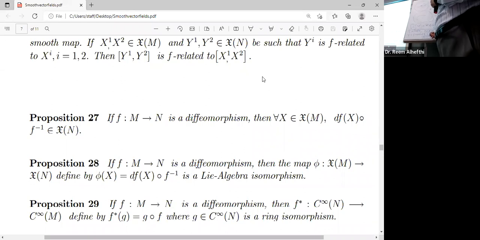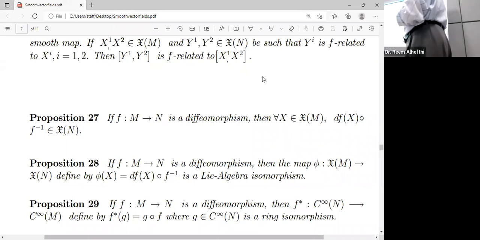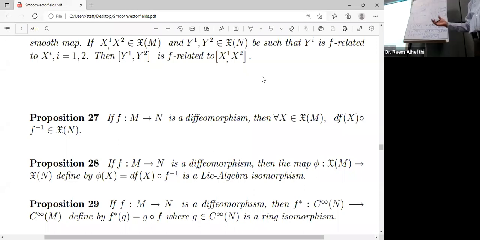In other words, what happens is this: dF_p X_p equals Y of F(p), at the tangent space level. Why you need this? Because that will be on T_F(p) N. Yes, for that reason you need it here. All right? Good.